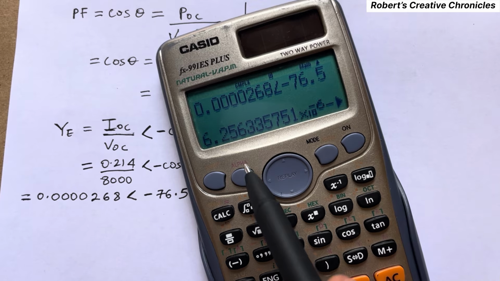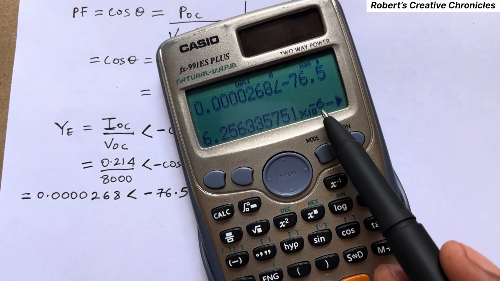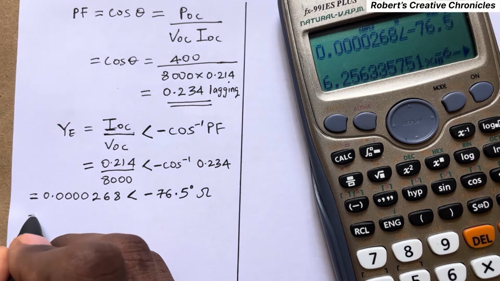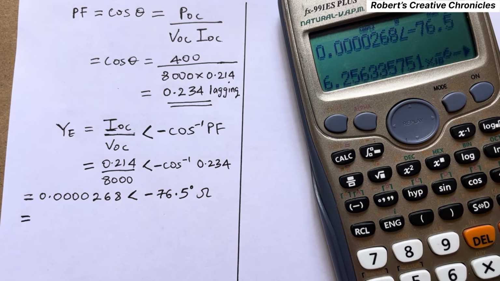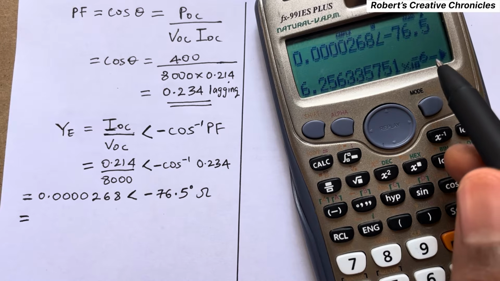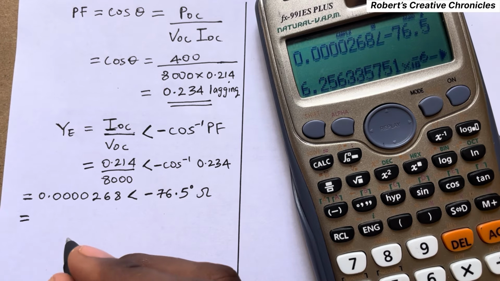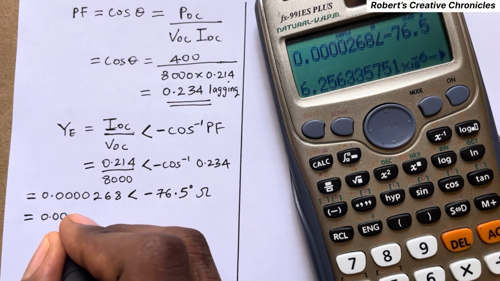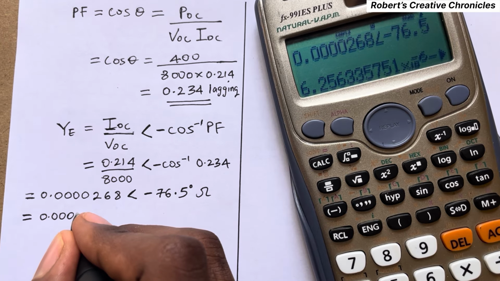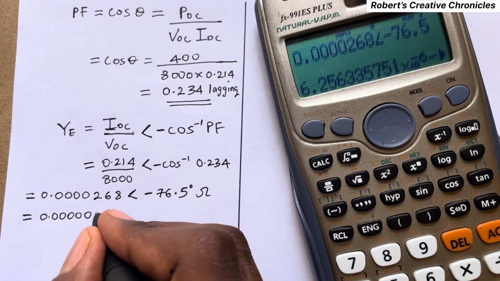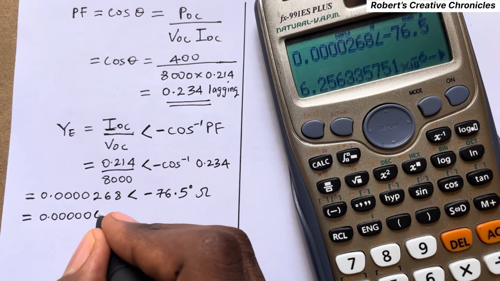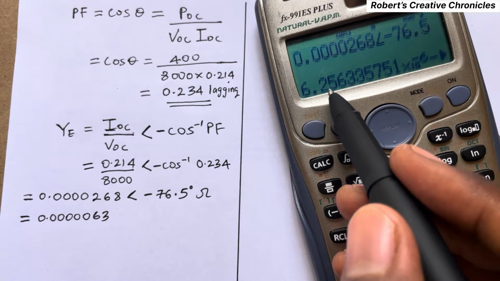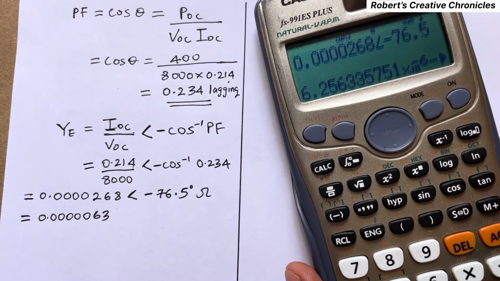So this is 6.25 times 10 to the power of minus 6. That means, with five zeros, 0.0000063 approximately; you round these up to 3 approximately.